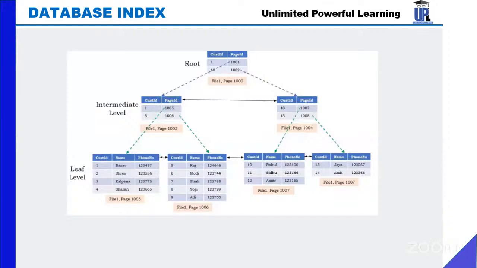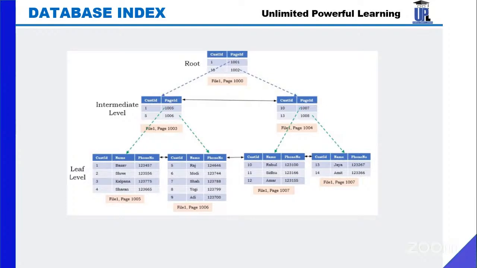If you look at this example, there is a customer ID and a page number. Assume 1 to 10, a primary key automatically generated like a surrogate key. We already discussed super key, foreign key, primary key, secondary key and candidate key.